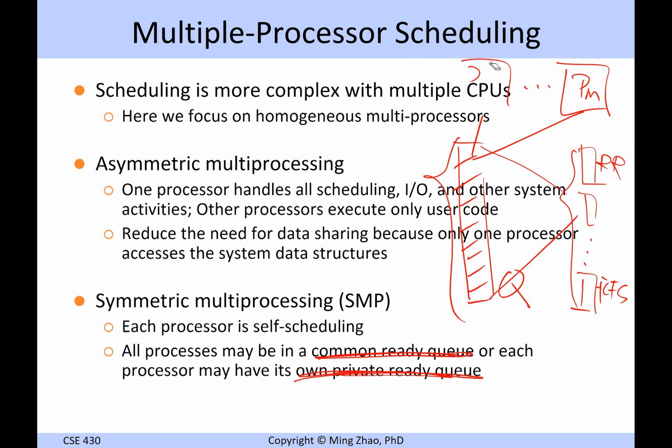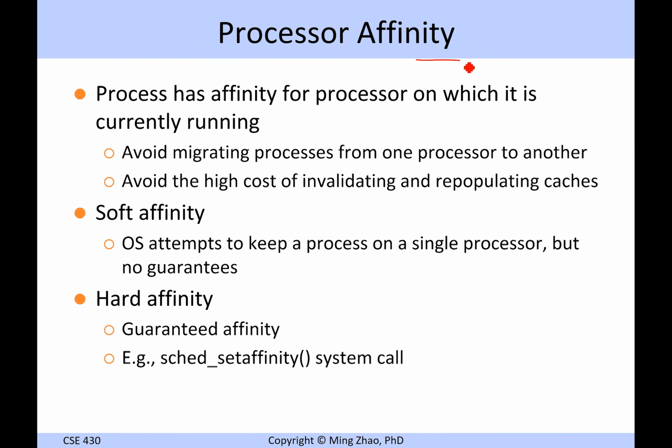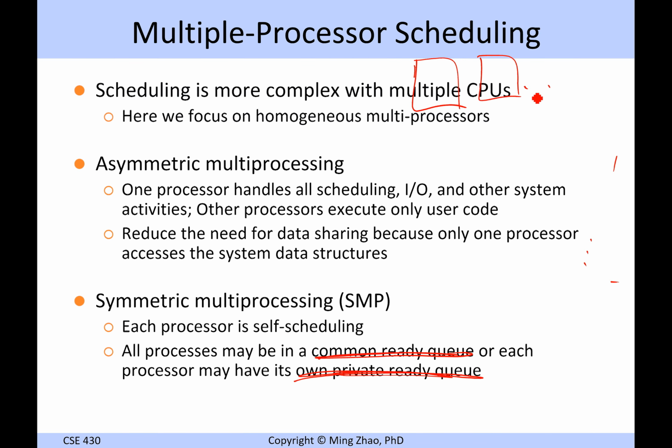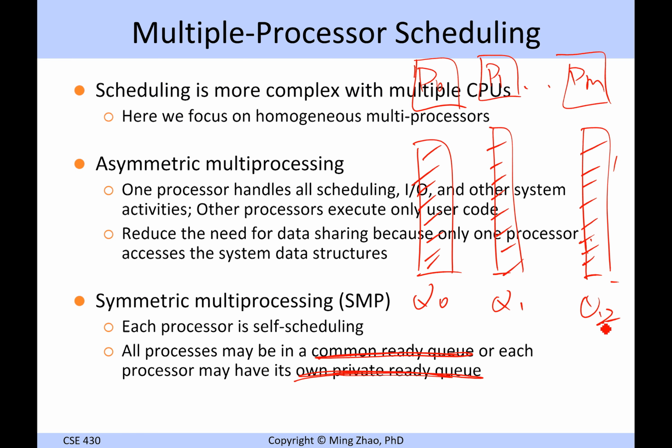Now, in the second approach, we have the processors P0, P1, up to Pm, and each one has its own queue: Q0, Q1, up to Qm.